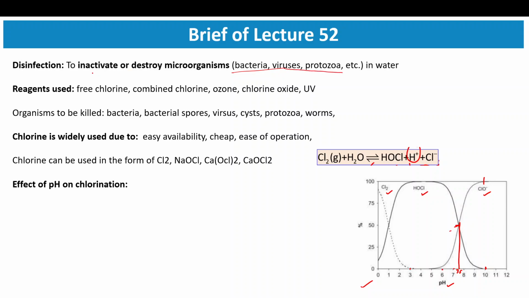And what do these terminologies mean? Inactive means they are not able to reproduce further, or they are not able to multiply further, which means they will not cause an increase in the number of microorganisms.